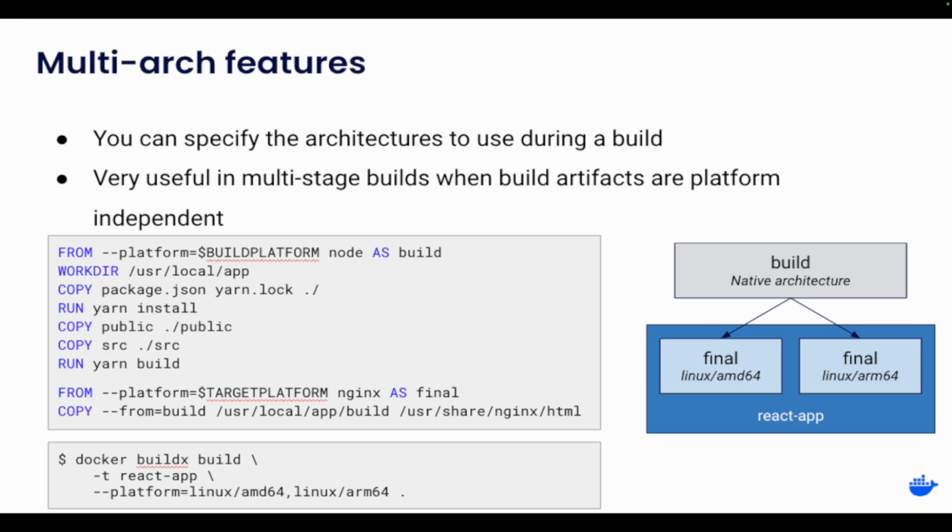The build was based upon the native architecture where we're building. The final is going to have both an AMD64 and an ARM64 version of this particular image. So this is how we can actually do multi-architecture builds. Now, it's important to note, if I am building for an architecture that's not my native architecture, I'm going to have to emulate to make that happen. That means that it's going to take longer to build.